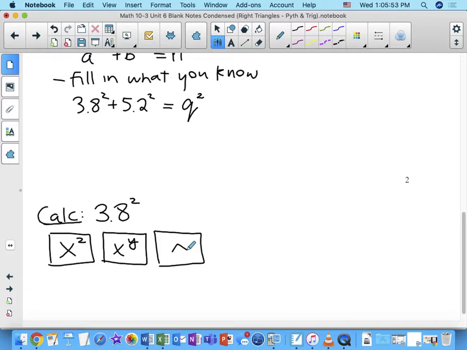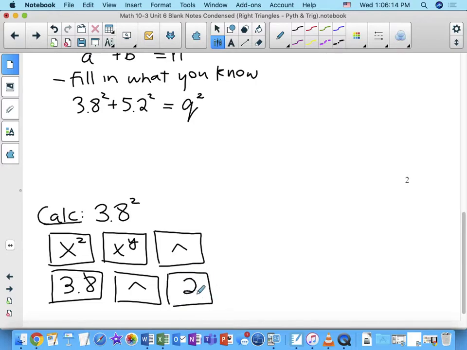Okay? So on your calculator, if you have a square button, you can just write 3.8 and then press the x squared button and it'll square it for you. So you're going to go 3.8 and then hit one of these two. Mine has this one, to the power, and then put 2, and then enter.